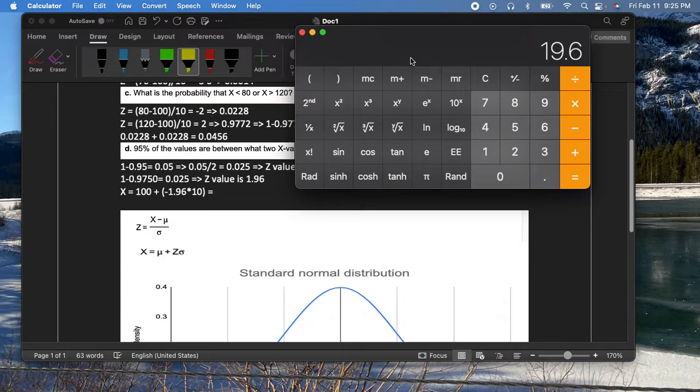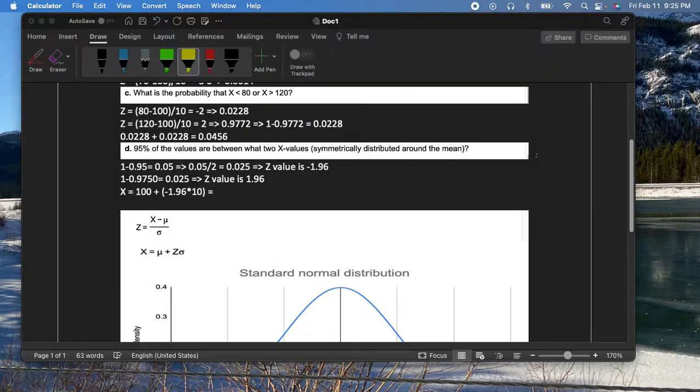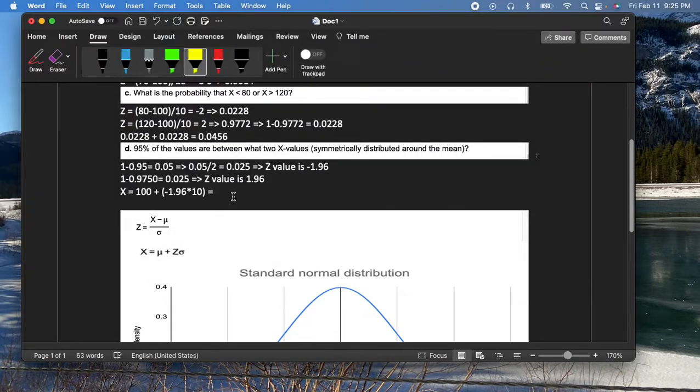So we have 100 minus 19.6, which gives us 80.4. So again, we're just solving for x. We already have our z value, 1.96, and we are using this formula here, and we got 80.4.